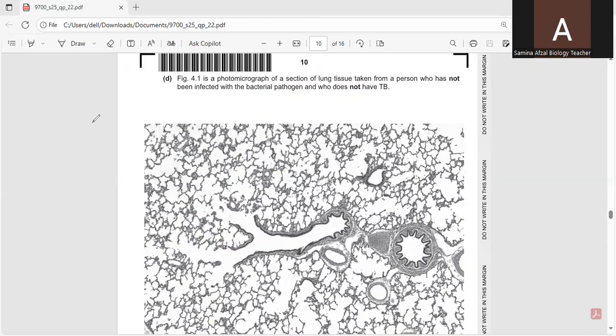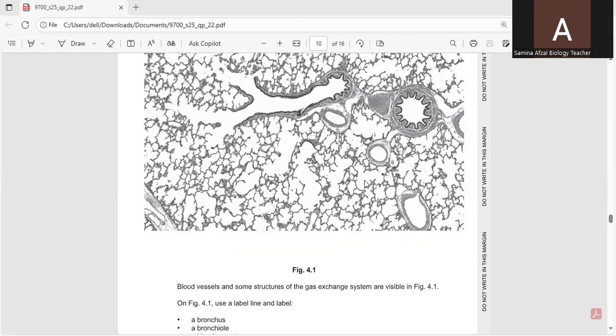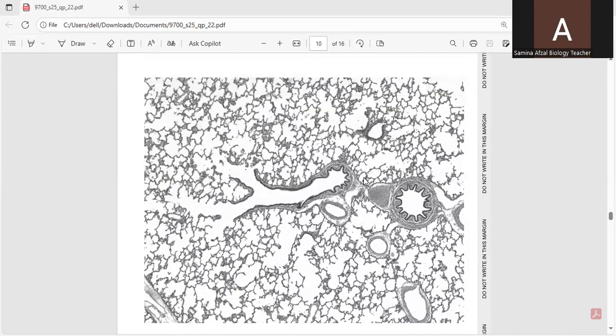So this is the photograph from the healthy person. We have to draw labels for the bronchus, bronchiole, and a blood vessel.